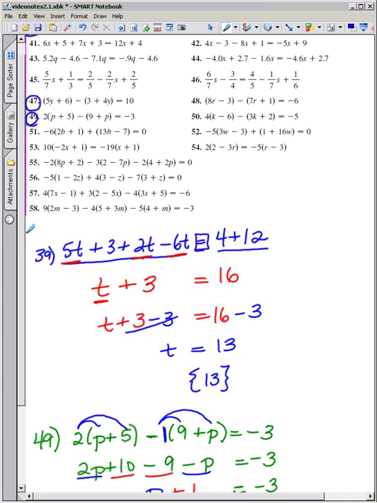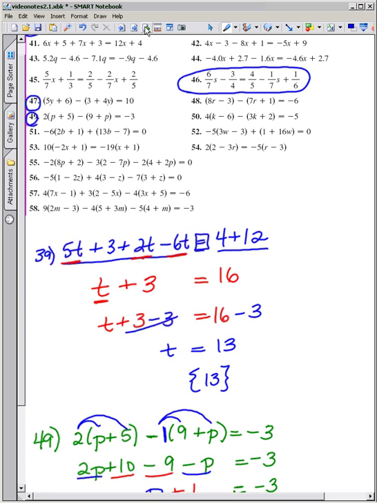Now, what do you feel about something like number 46? Let's look at that problem. I'm not going to remember this really well, am I? 6/7 s minus 3/4 is equal to 4/5 minus 1/7 s plus 1/6.